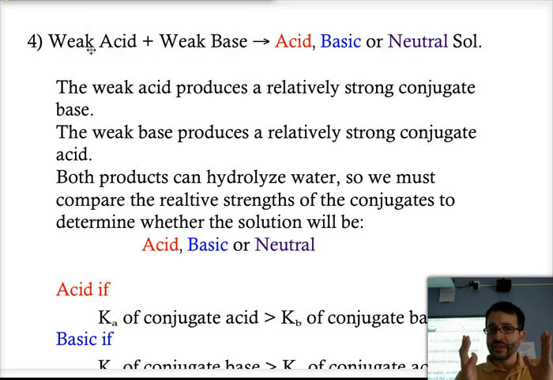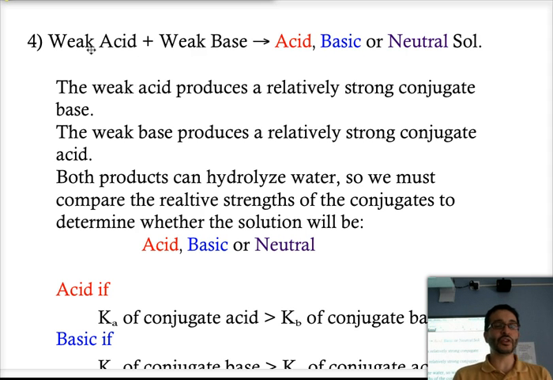If the weak acid is a stronger acid than the weak base, the solution is going to end up being acidic. If the weak base is stronger, has a greater value of Kb, then it's going to be basic overall.